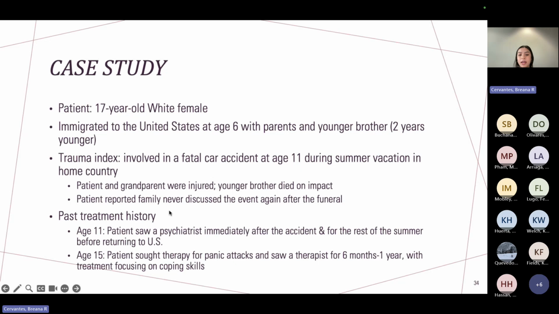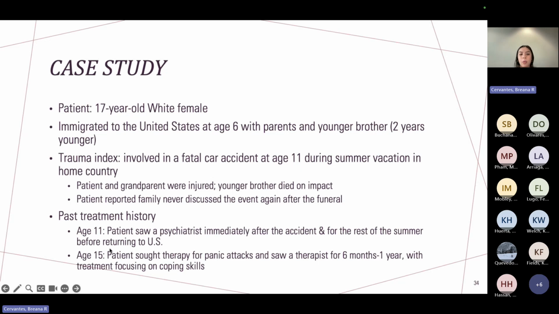The patient reported that they never really discussed this event ever again after the funeral. It sounded like culturally, that's the way they were raised, and in terms of the family context, that's just how it is. We have the funeral, we have this religious sermon, and then that's it. We don't talk about it. And remember, she's a child, and so that's really hard.